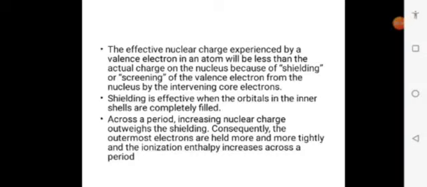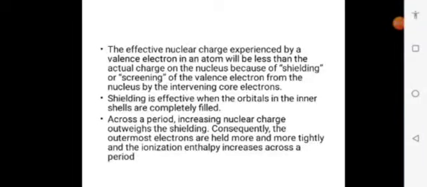These are the electrons which are present between the nucleus and the outermost shell. These are the intervening electrons, which always decrease the attraction of the nucleus to the outermost shell.